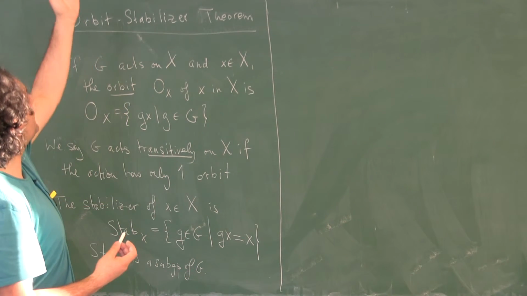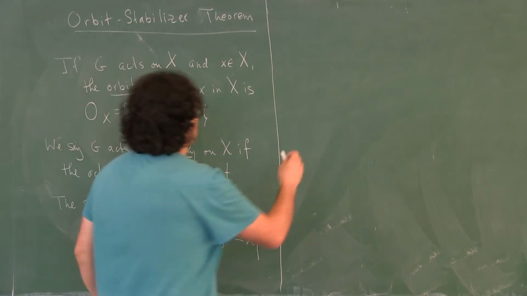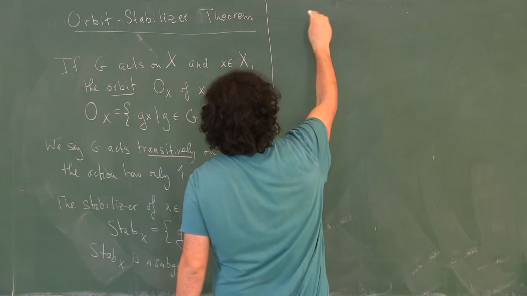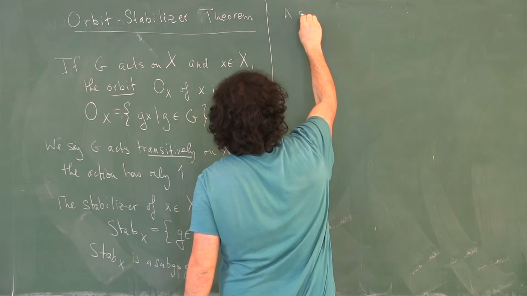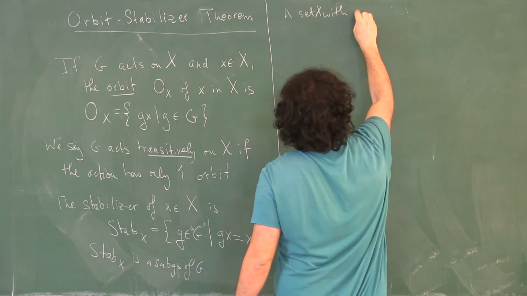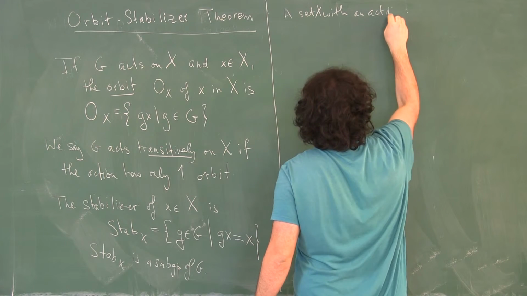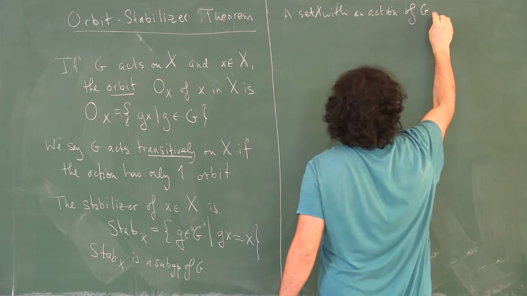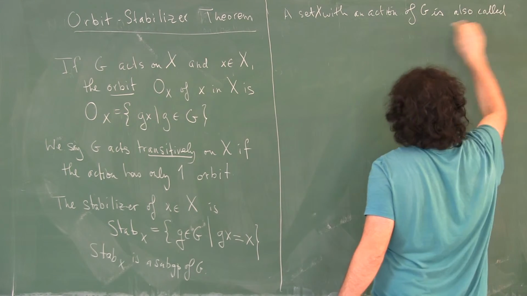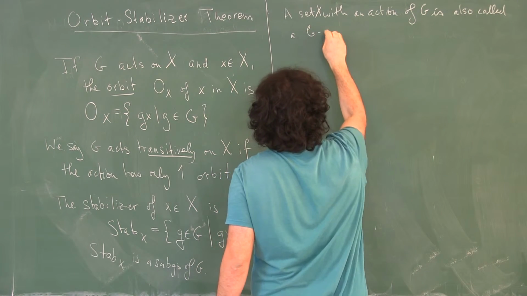That's exactly what we said a homomorphism is. In this case, a set X with an action of G is also called a G set.